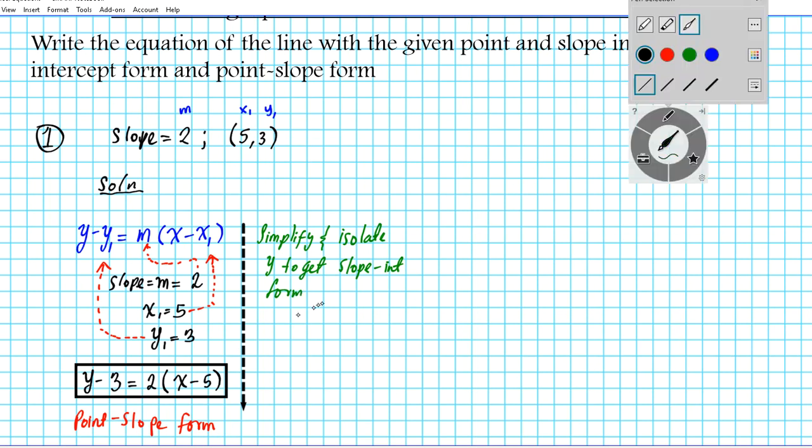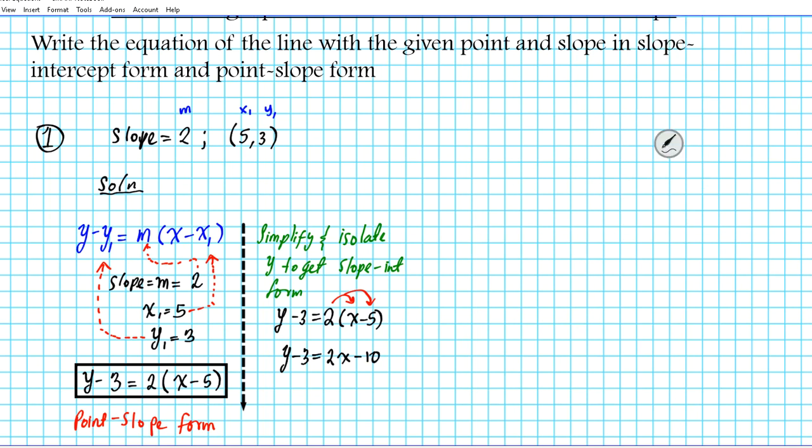We have this equation right here, y minus 3 equals 2 times the quantity (x minus 5). To simplify, we're just going to distribute this 2 into x and negative 5. If we distribute, we're going to have y minus 3 equals 2x minus 10.